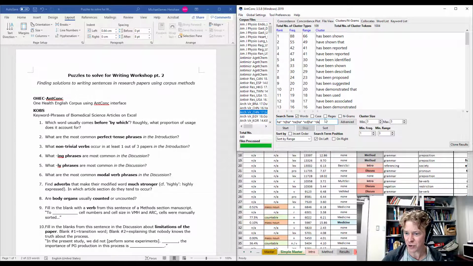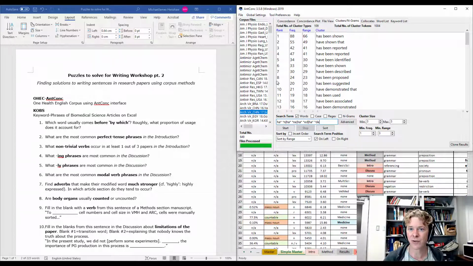In fact, I did a quick calculation of these top 13, and more than half of the range is used by shown or reported. So, in the introduction section, if you are going to talk about what other people have done before, or even possibly your group has done before, probably you need to be using shown or reported, or maybe even both.